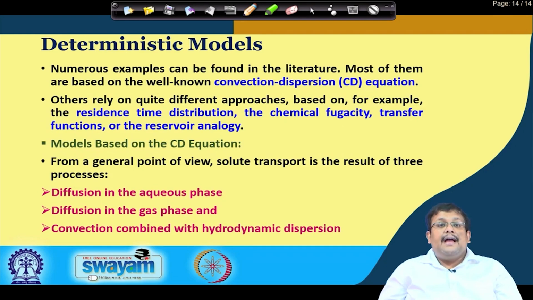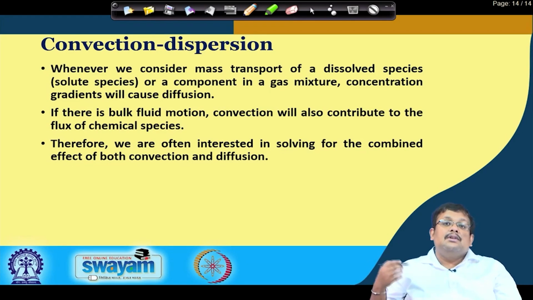And while discussing the deterministic models, the models based on the convection dispersion equation, we have discussed the coupling of convection and dispersion and why it is needed. Remember that when there is a bulk fluid motion, the convective force is also coupled with the dispersion, so that they can comprehensively characterize the solute transport.